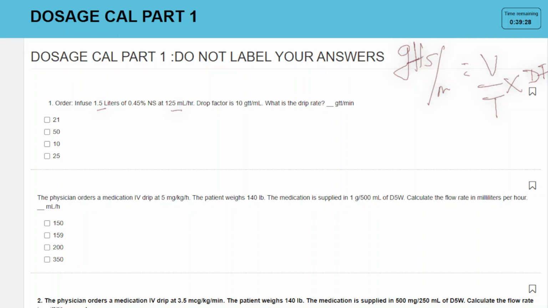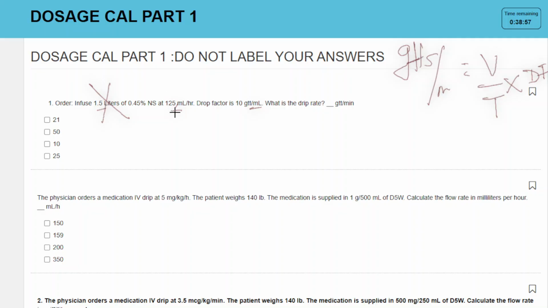Anytime you've been given an infusion rate and a drop factor, do not use the other quantity. I'll say that again. In any exercise, when they ask you to solve for drops per minute, and you have another volume and you have an infusion rate, do not use the other volume. The 125 milliliters per hour and your drop factor are the only information you're going to use.